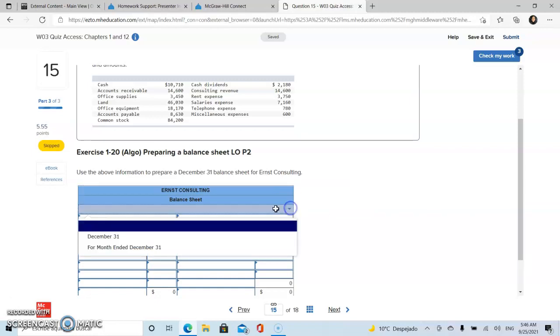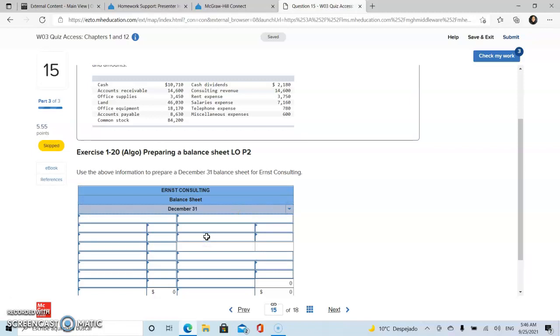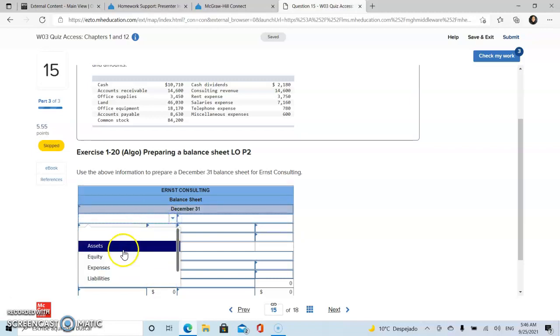So in this statement, we're going to choose December 31st. And then on the left side of the balance, we're going to start with their assets.